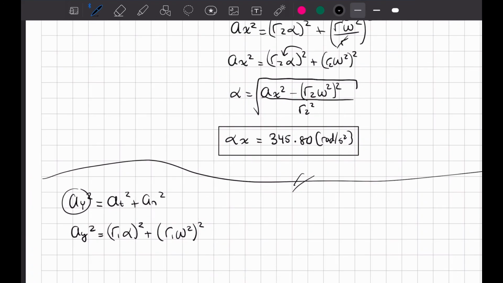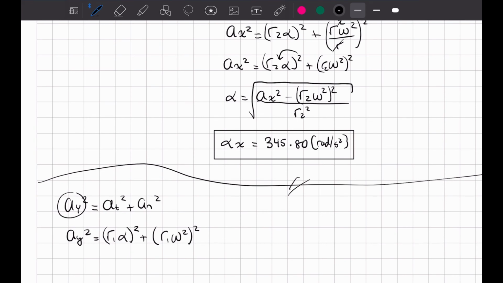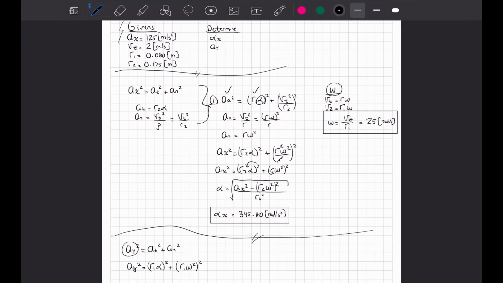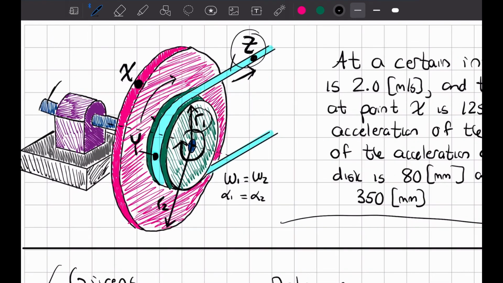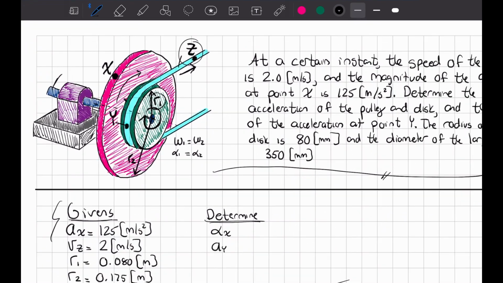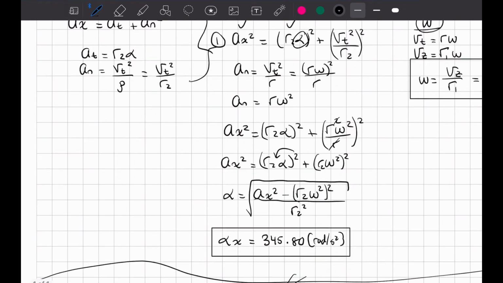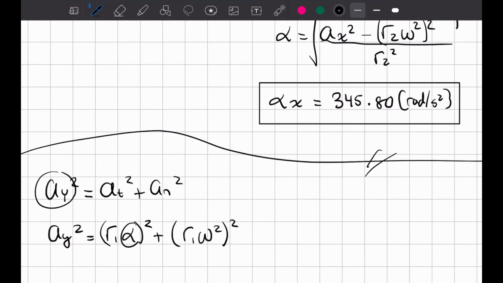Okay? Now again, how are we going to get alpha? So if you notice from before, like we said, they're going to be constrained. The small pulley or the small disk and the big disk have to have the same angular acceleration. And that is because they are constrained to rotate about the same fixed axis. And so this alpha term here is just going to be what we just calculated.